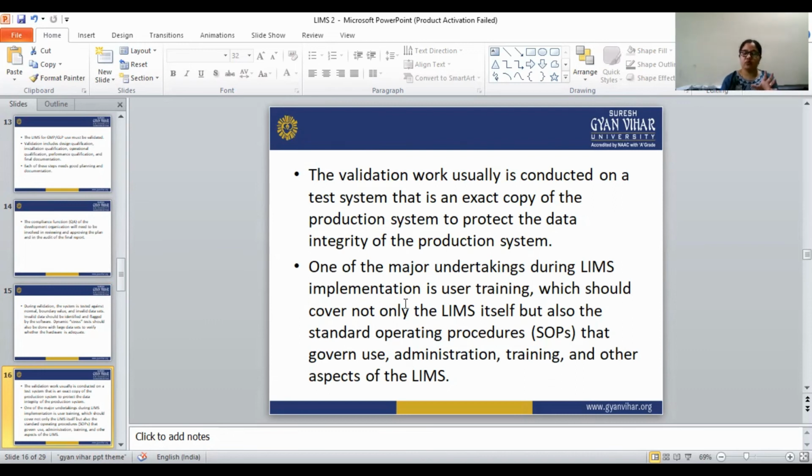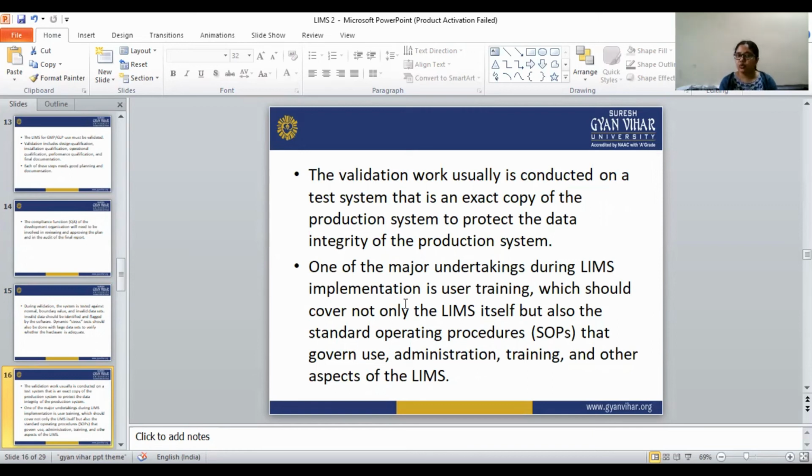So what does the training include? It covers all the LIMS functions as well as the standard operating procedures. There are lots of standard operating procedures, and those are also covered in that training.